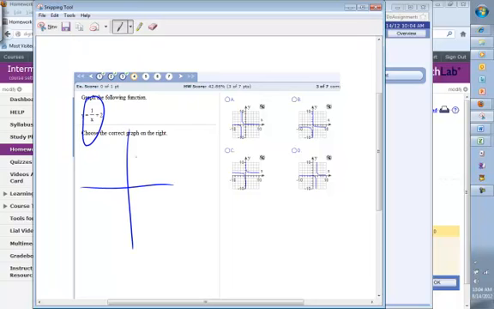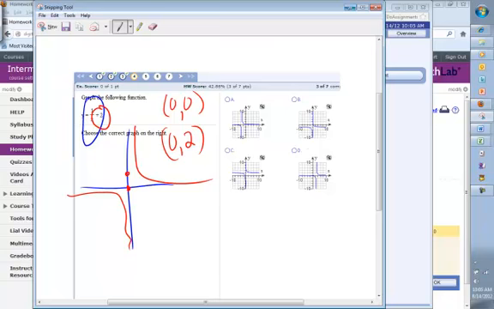Ordinarily, this function would look like this. But since it's plus 2, the center, instead of being here at 0, 0, is at 0, 2. So it'll be moved up 2, which would be like letter C.